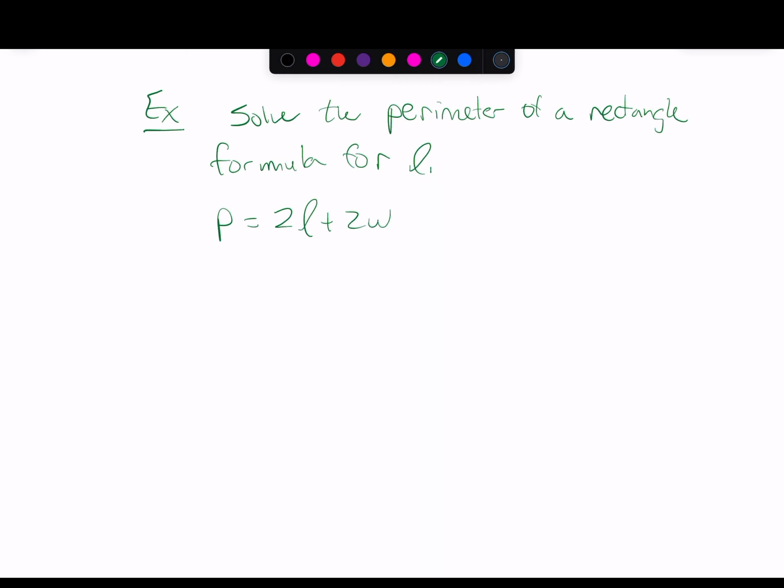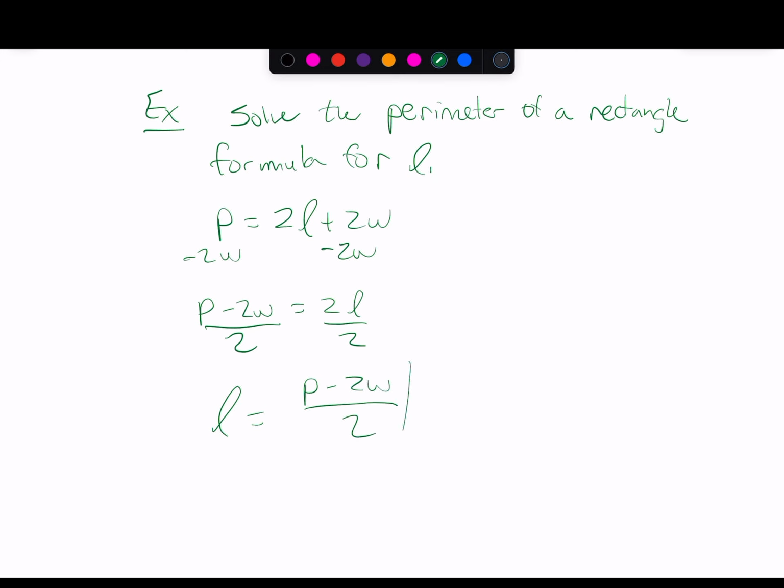How do we solve for L? Well, first we subtract 2W from both sides. So P minus 2W is equal to 2L. And then to isolate L, we need to divide both sides by 2. So L is equal to P minus 2W all over 2. And that would be your final answer for finding what the length is for the formula.